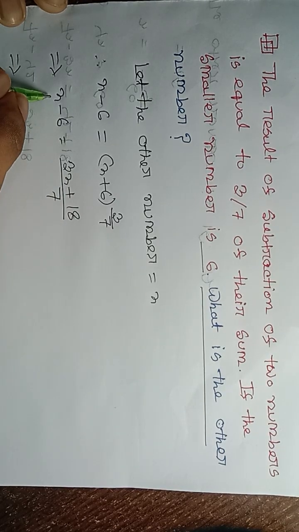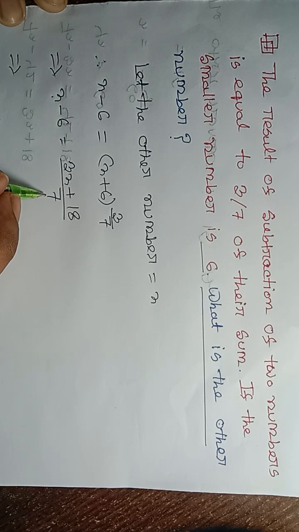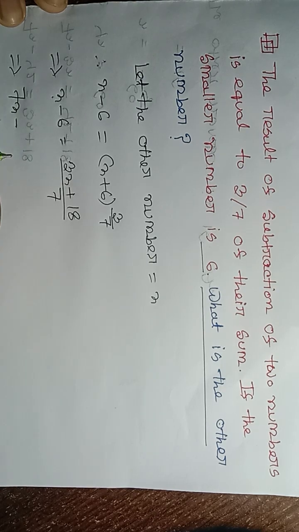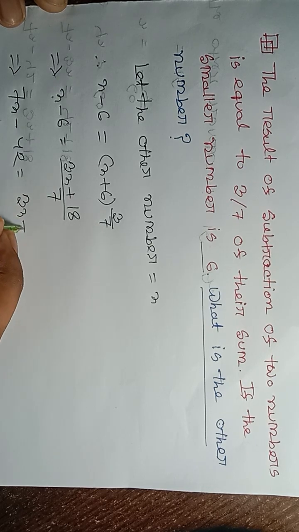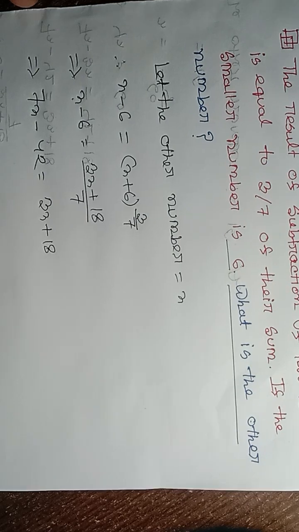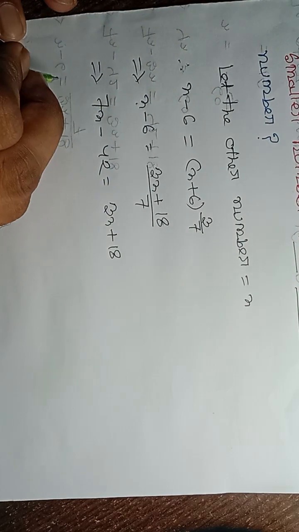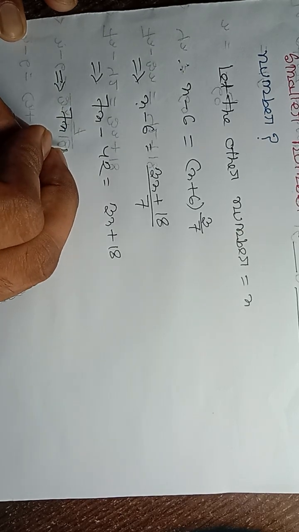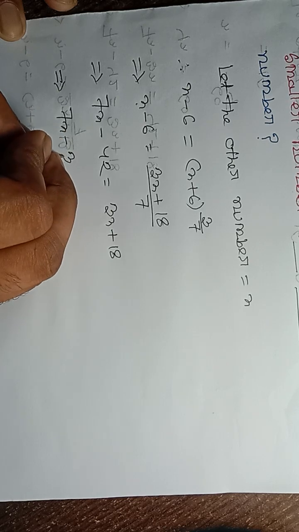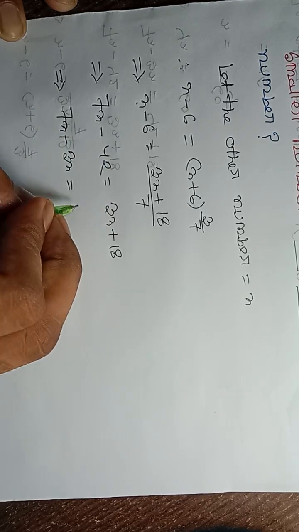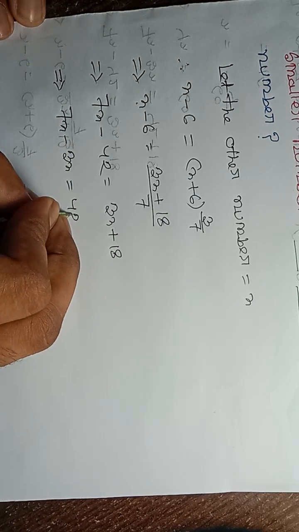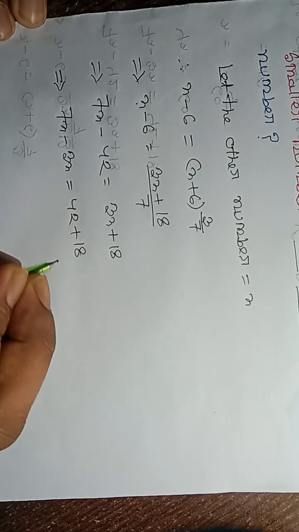Or x times 7 is 7x minus 42 is equal to 3x plus 18, or 7x minus 3x is equal to minus 42 is now plus 42 plus 18.